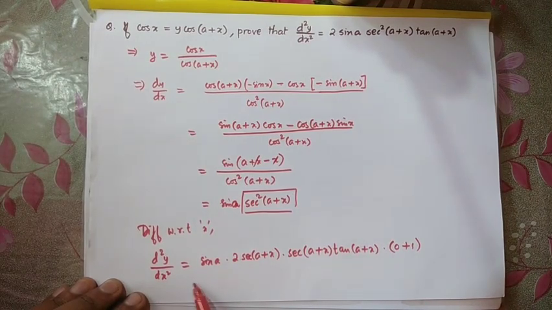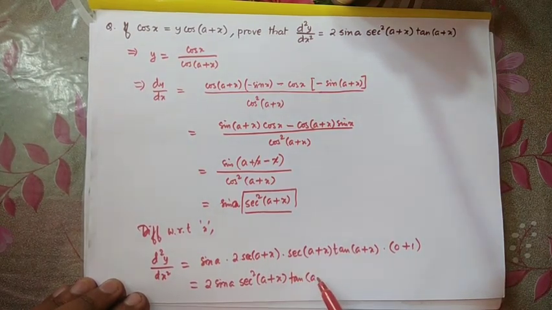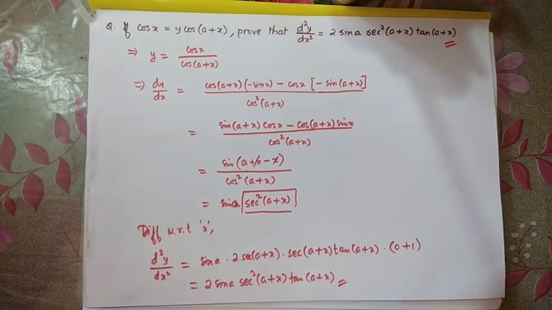Now if you multiply this, you have 2 sine a, and you have got sec (a plus x), so together it is sec square (a plus x), and what is left is tan (a plus x). So that's what I needed to prove here. So we have proved it. Please pause the video to note down.